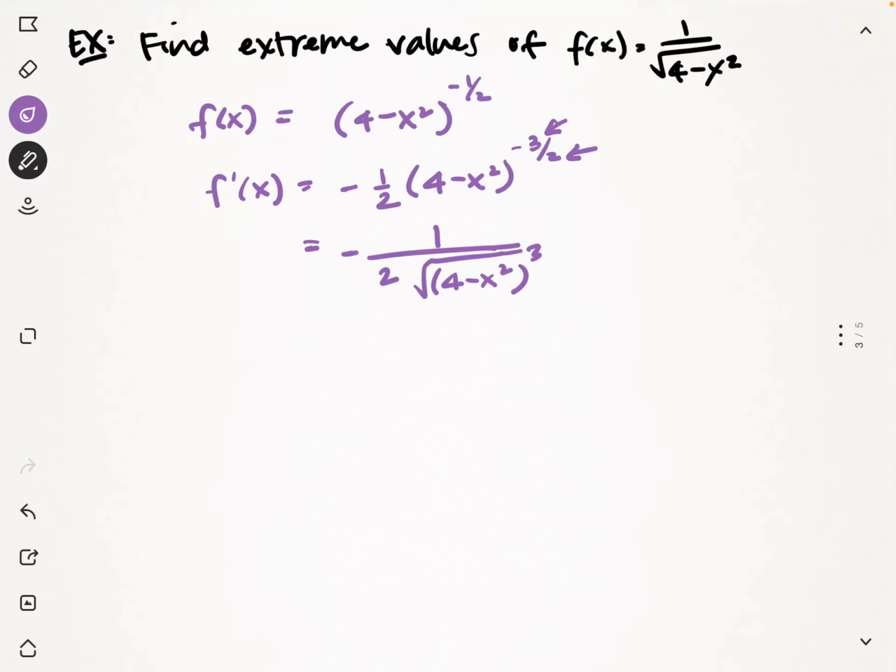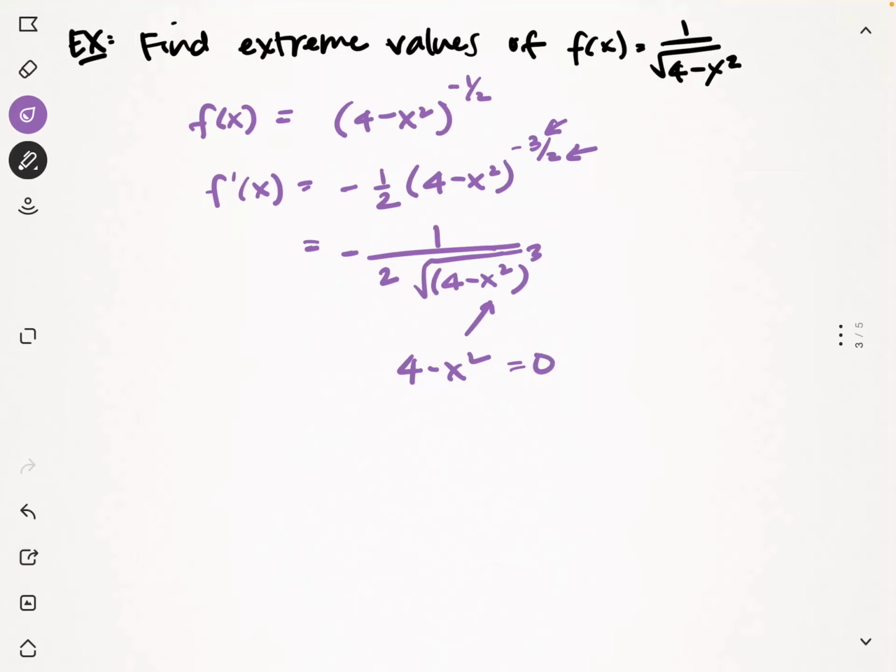Now let's figure out where this is going to be equal to 0. So anytime we get x squared to be 4, that's going to be 0, right? The cube root of 0 is still 0. And then the 2 is not going to matter because 2 times 0 is still going to be 0. So we have 4 minus x squared equals 0.